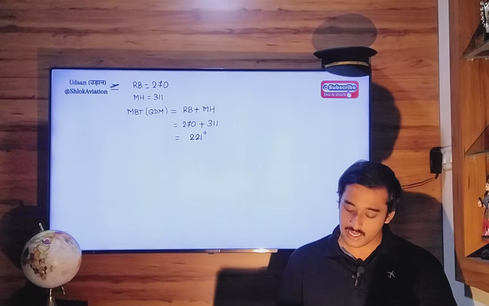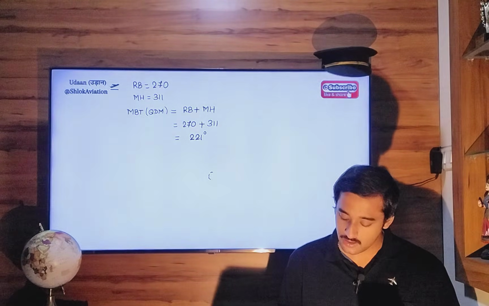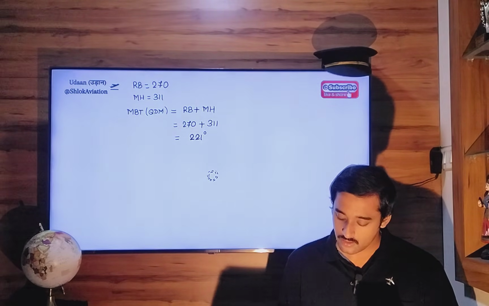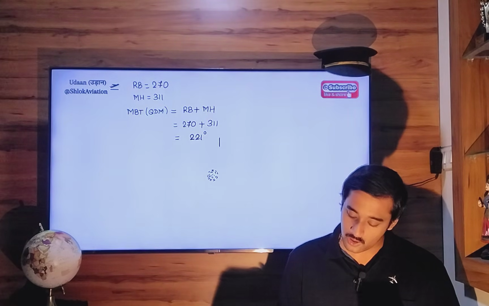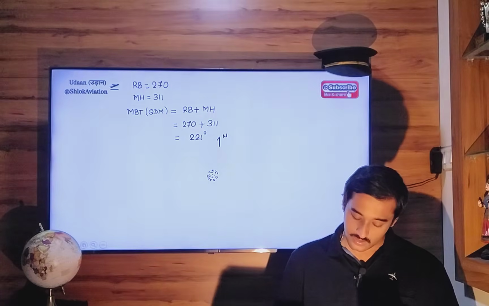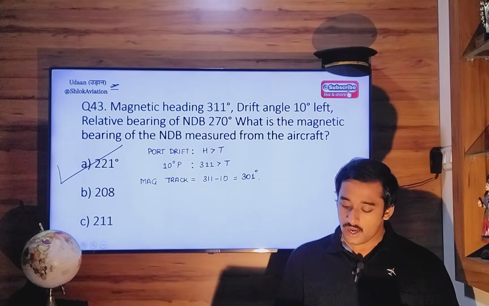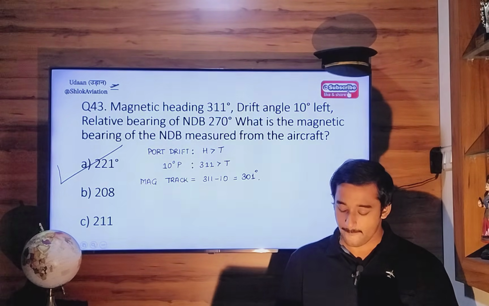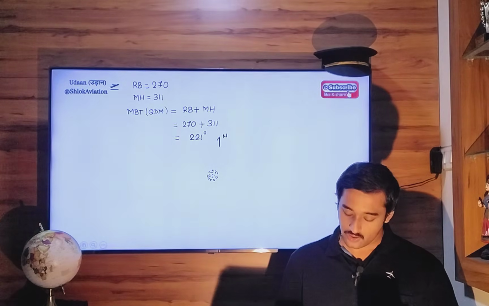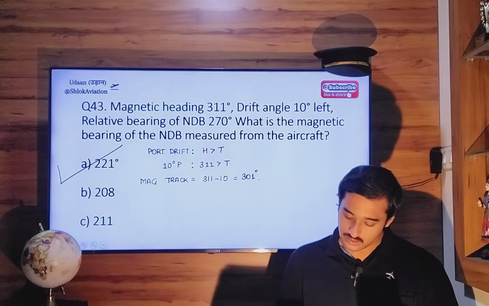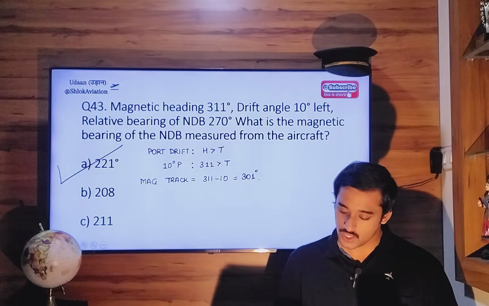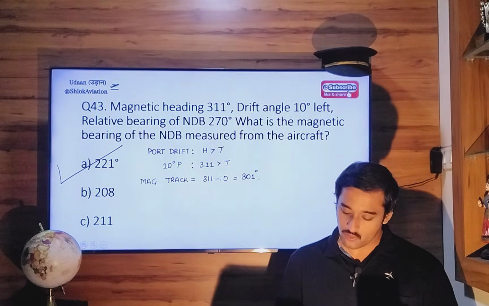So diagrammatically, let's say this is your NDB station. This is your north direction. You are on a magnetic track of 301, heading is 311.